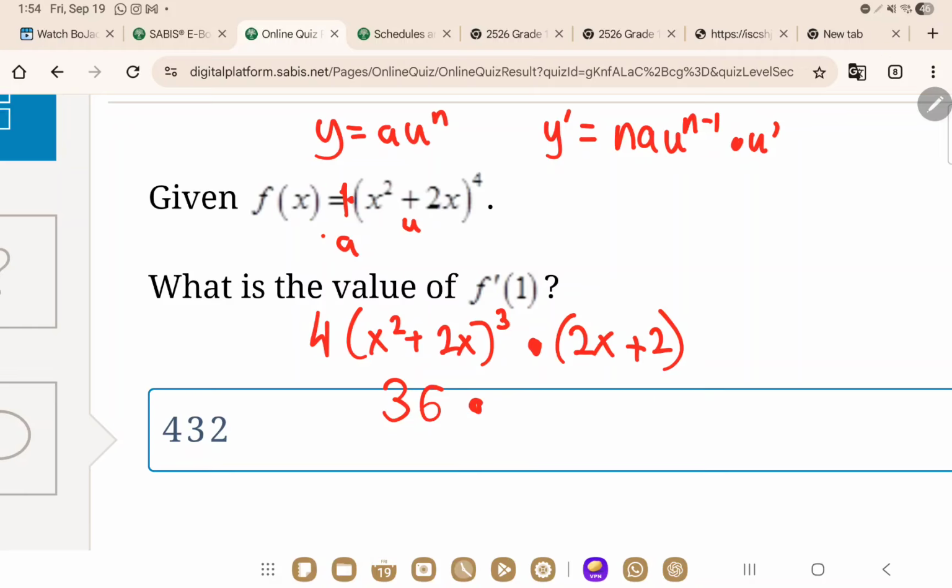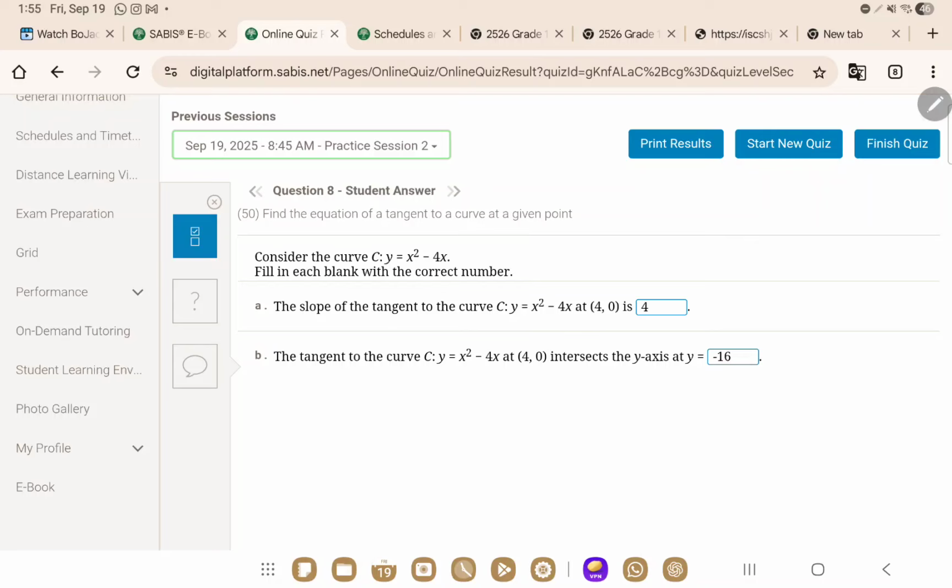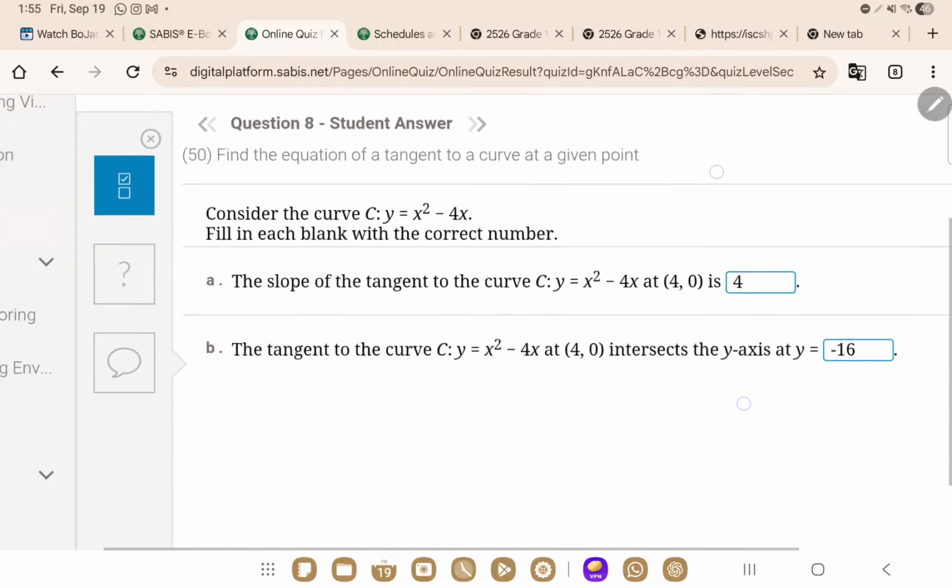No, oh wait, that's not 9. It's 27. Ah yeah. So it's 4 times 27 times, here it's going to be 4, which when multiplied, 432. Let me check those. 16 times 27, 432. Yeah, my bad guys, it's a very dumb mistake. Anyways, so now next question.